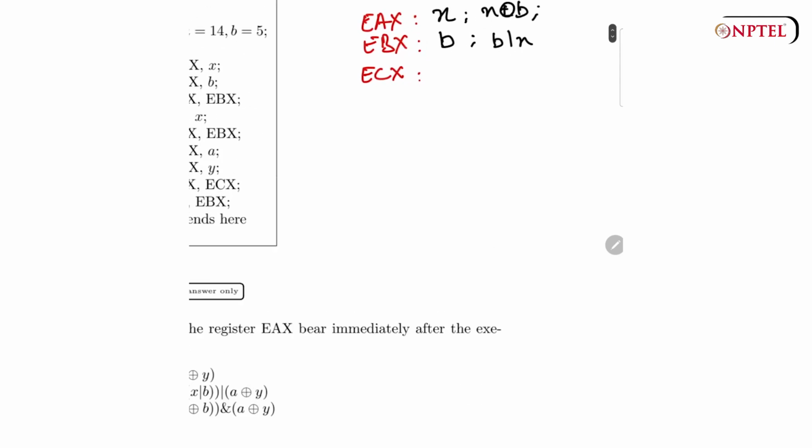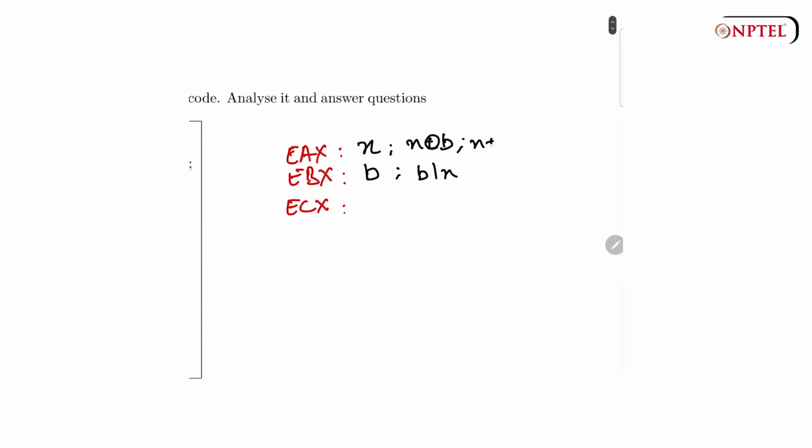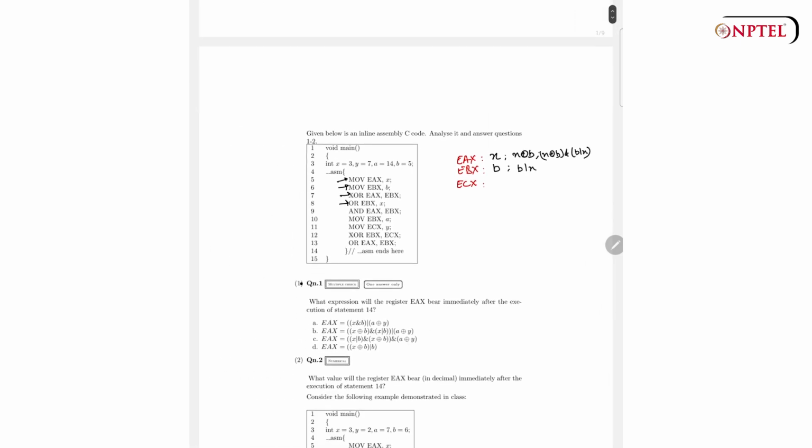So I'll have X XOR B and B or X. Alright, this is done.